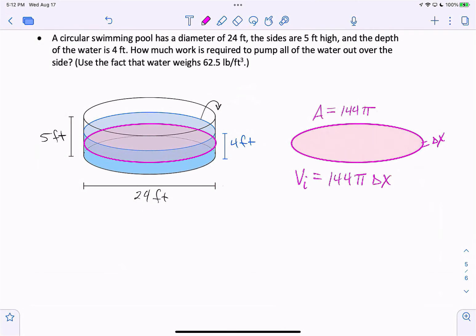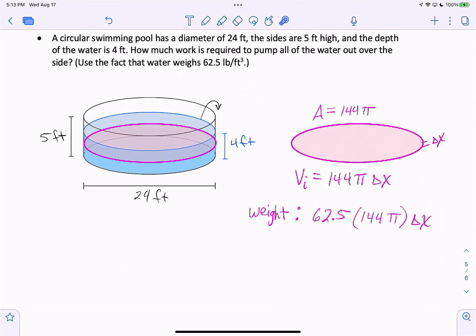We're told the density of water, 62.5 pounds per cubic foot. And so the weight of this layer of water, I don't want to use W because we're going to use that for work, is 62.5 pounds times 144 pi times delta x.